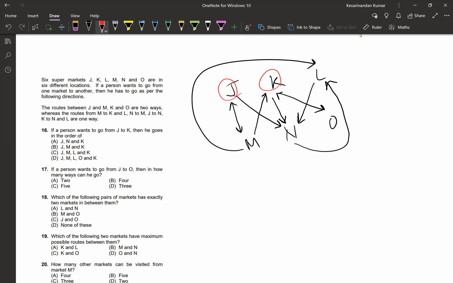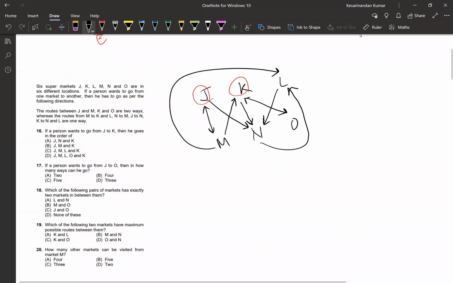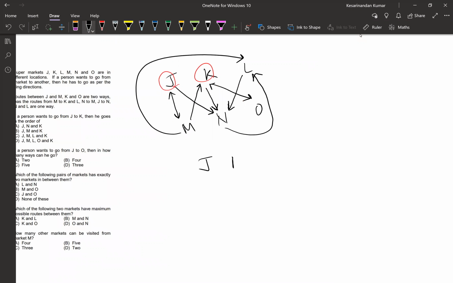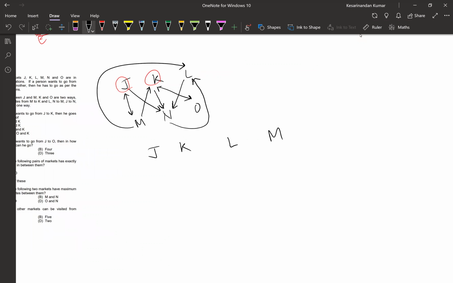What it will do is ease out a lot of our calculation. So to state how the matrix method works, you have J, K, L, M, N, and O. Similarly, J, K, L, M, N, and O.